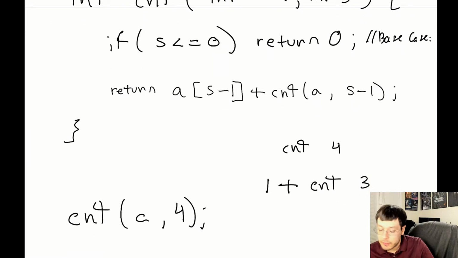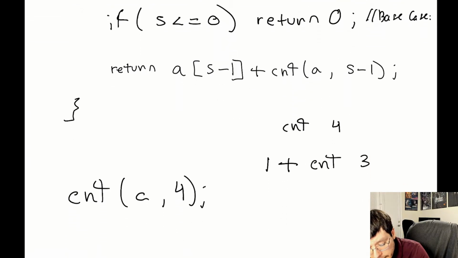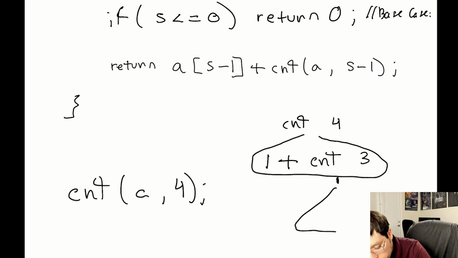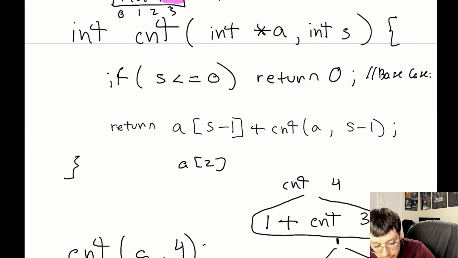It's going to do another function call for that. That function call is going to go through this. And again, it's greater than 0, so we're going to keep going. It's going to see the return statement, and this one is going to return the current spot, so S is 3, so S-1 is 2, so it's going to spot A2, which happens to have a 4 in it.